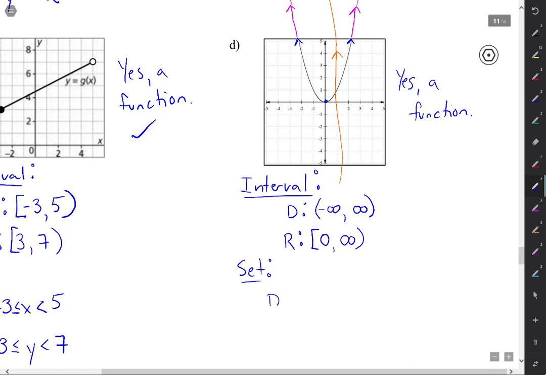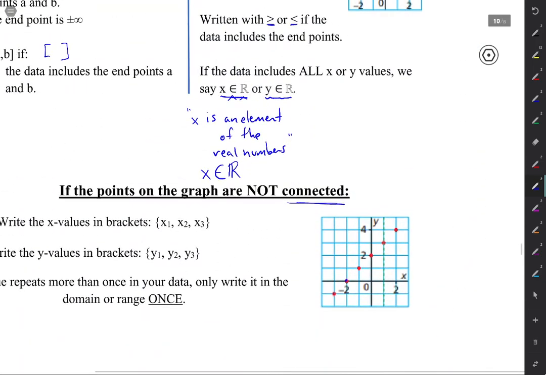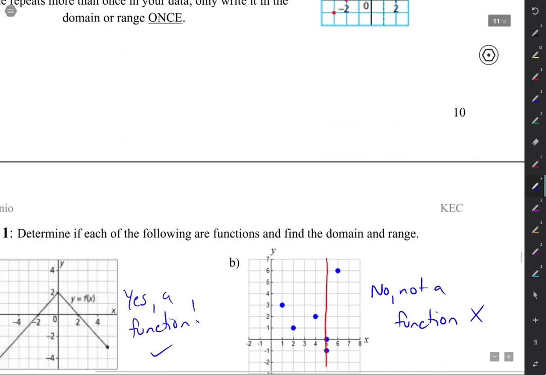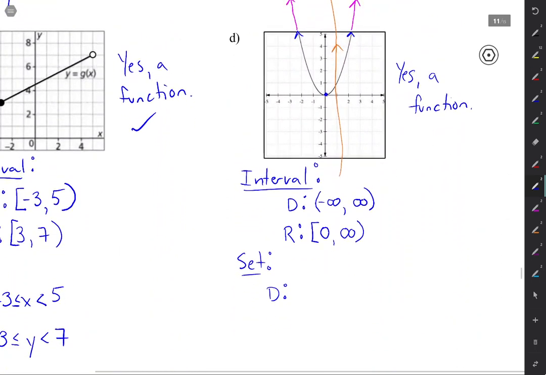So for the domain, this time the domain goes from negative infinity to positive infinity. So when it includes every single number, we need to write it with those special characters that we saw up here. Since the domain includes every single number possible, we're going to put x is an element of the real numbers, and that would be the domain for that one.